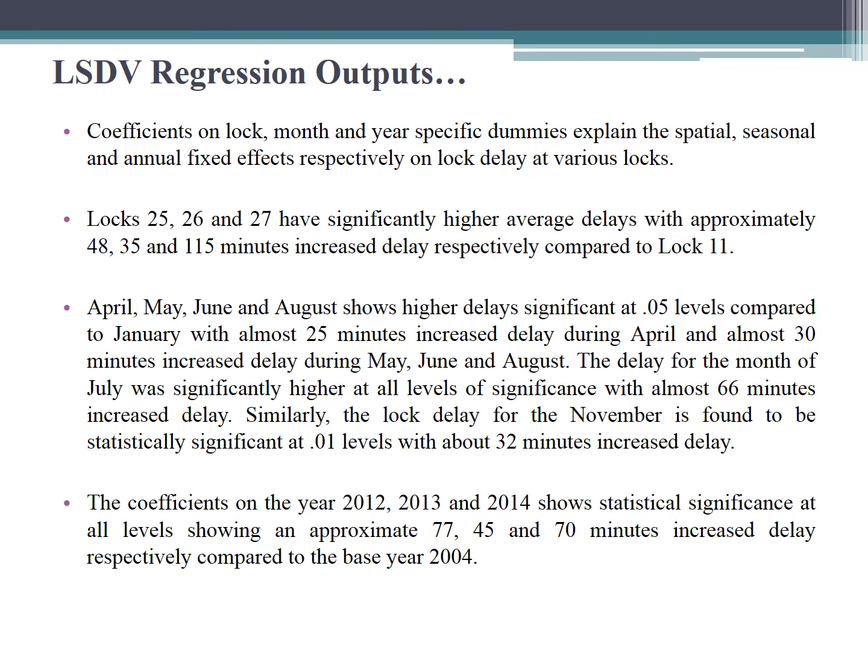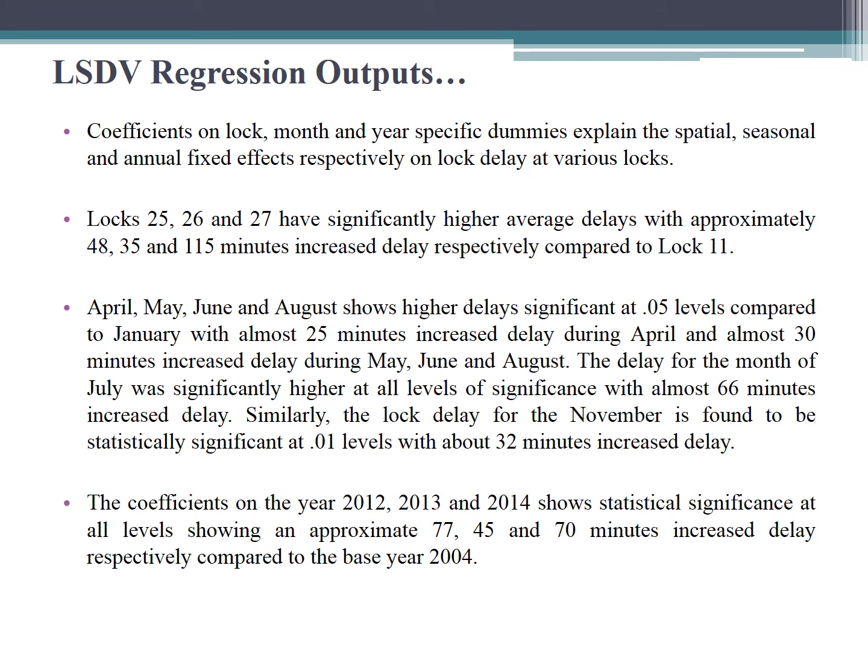For the month of July, a significantly higher increased delay was observed at all levels of significance, with almost 66 minutes increased delay. Delay for the month of November was found to be statistically significant at 0.01 levels with almost 32 minutes increased delay compared to the reference month of January.